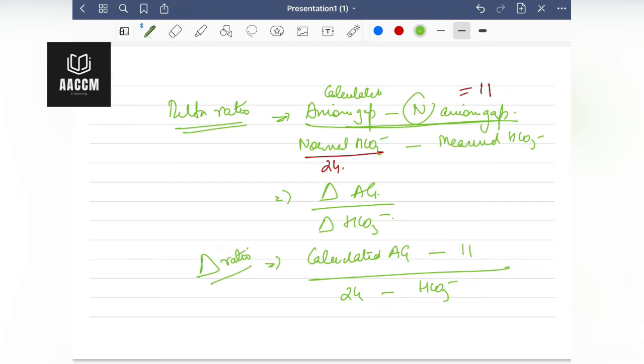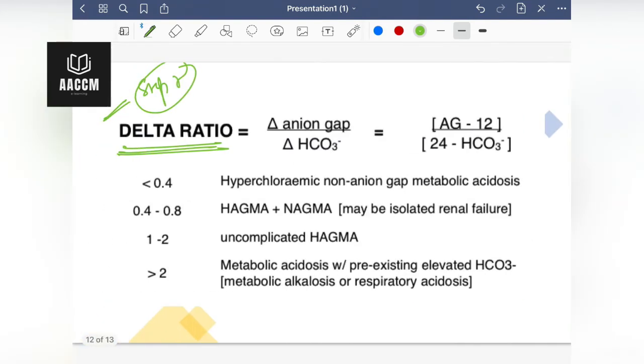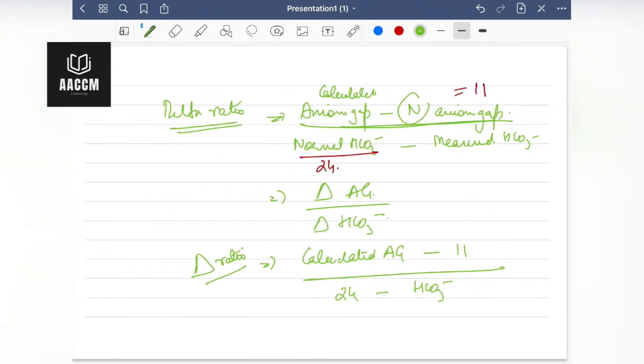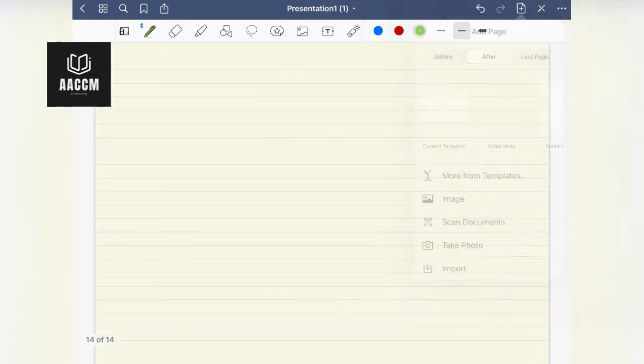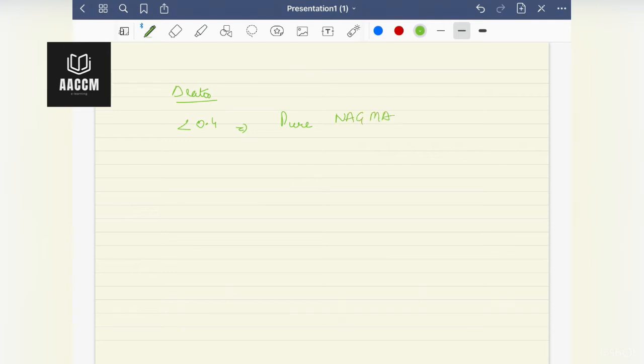Now, what is the significance of the delta ratio? If the delta ratio is less than 0.4, there is pure non-anion gap metabolic acidosis, that is NAGMA.